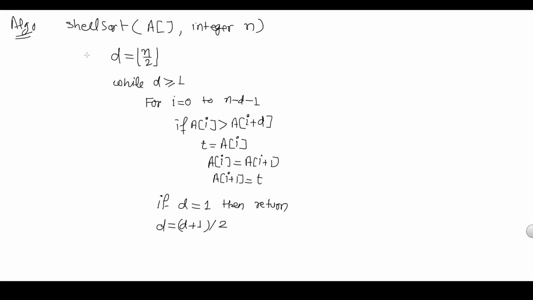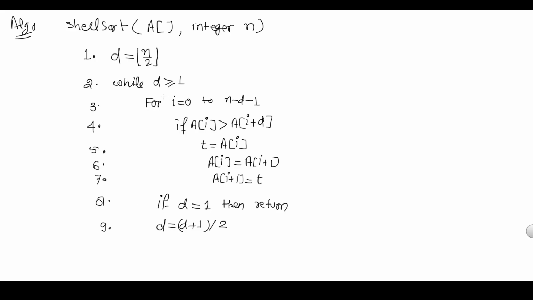So this is our algorithm. We will put line numbers here: 1, 2, 3, this is 4, t is equal to a[i] is line number 5, then 6, 7, 8, and this is 9.